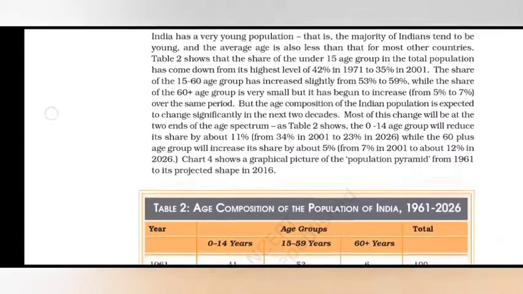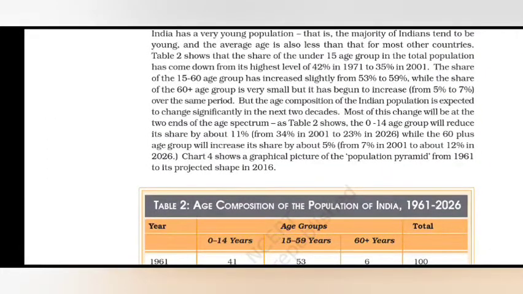The share of the 15 to 60 group has increased slightly from 53% to 59%, while the share of the age group of 60 plus is very small, but it has begun to increase over the same period.